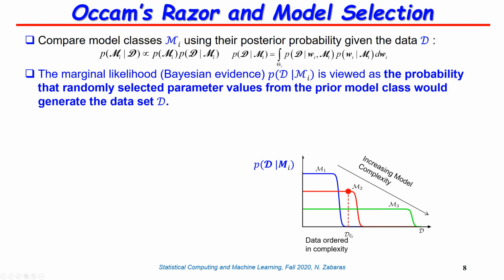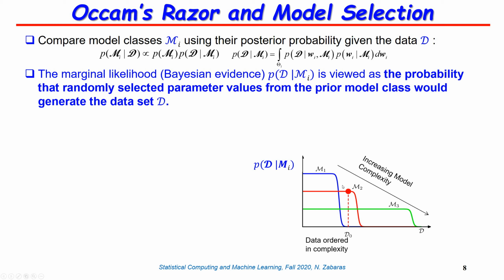If you take model M1 and, let's say, a particular data set D0, M1 is a very simple model. So it can generate very few data sets that look very similar, and the probability of generating this data set is very high.